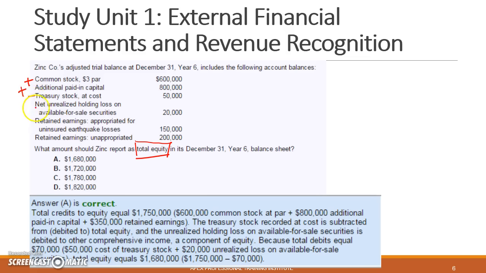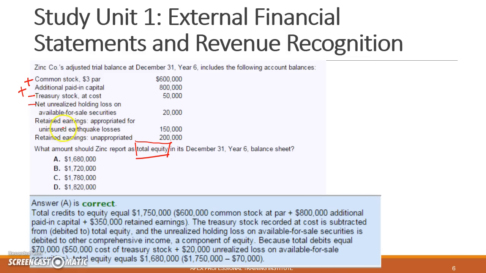Let's talk about net unrealized holding loss on available for sale securities. Can anyone tell me, if there happens to be an unrealized loss, it's a loss, right? So it's going to reduce our equity portion, so that will be deducted. Let's talk about retained earnings, right?